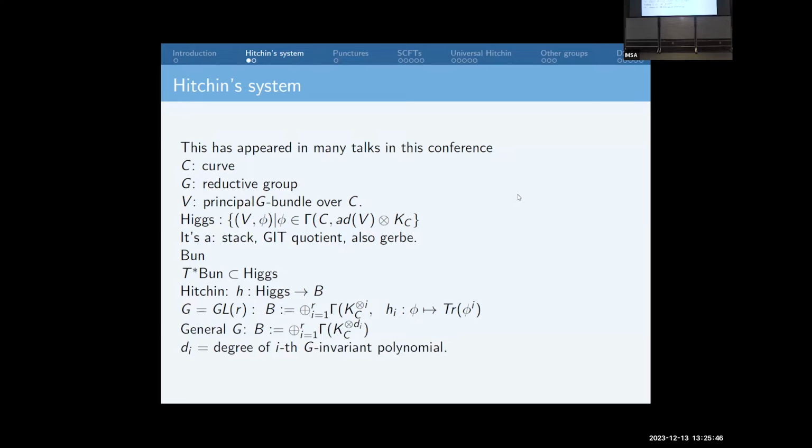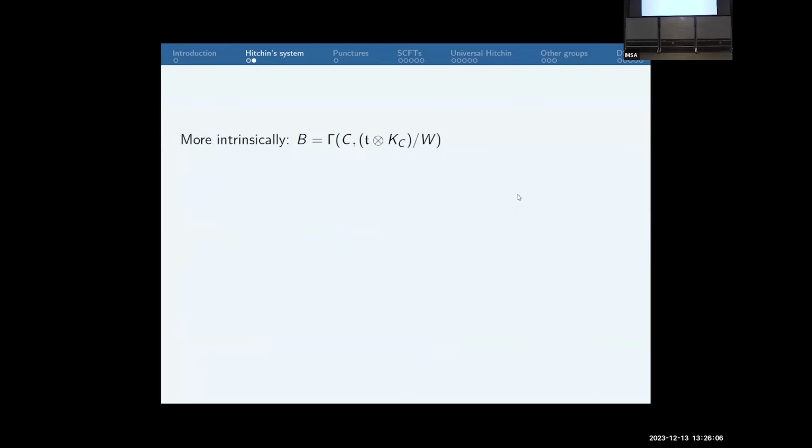With general G, you do essentially the same thing, where r is the rank of the group, and you take the r basic invariants of the group, of degrees d_i, and you take the canonical bundle to the d_i-th power, take the sum, and that's the base.